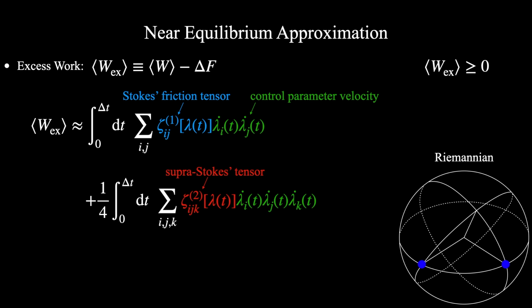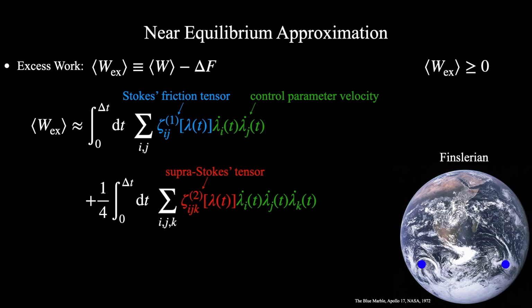Now it turns out this is a very natural thing that arises in navigation, and it's known as a Finslerian geometry. It actually arises quite naturally if you think about the surface of the Earth, rather than being a perfect sphere, as having all these different air currents. So for example, if you imagine going from one point to another on the surface of the Earth, because you have all these different air currents that have a tendency to blow in one direction more than the other, the distance when you go in one direction is going to be a lot easier than going backwards, depending on the different air currents.